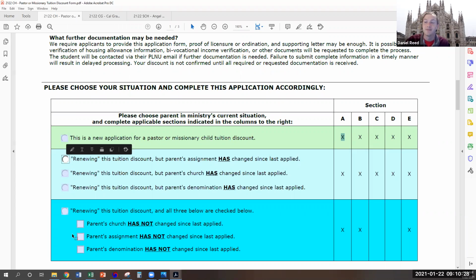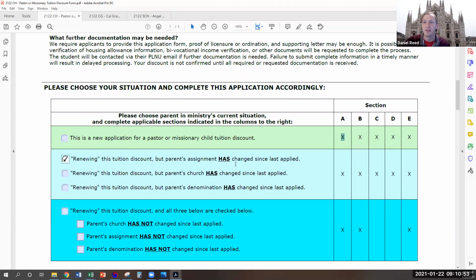Oops, sorry. I jumped to 3. The second one is, I'm renewing this, but something has changed. So my dad actually moved, or my mom actually moved to a different church. So I'm changing because my parent is now at a different church. Or I'm renewing this because their role has changed. So parents' assignment could have changed.